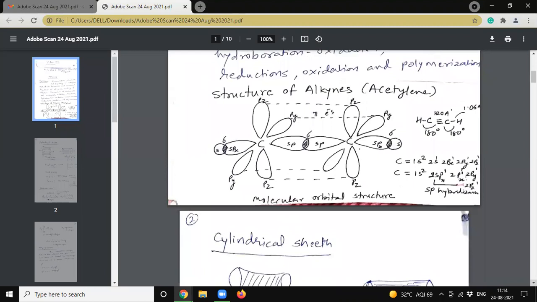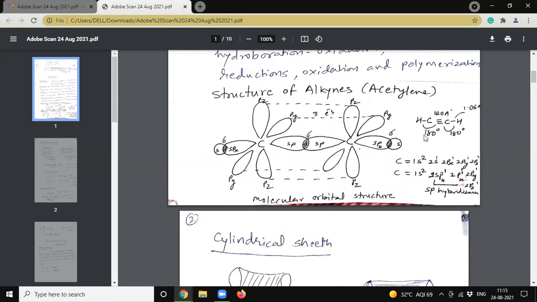Structure of alkynes. Here the carbon is sp hybridized carbon. Here 1 sigma and 2 pi bonds are there. Bond length is 1.20 angstrom.